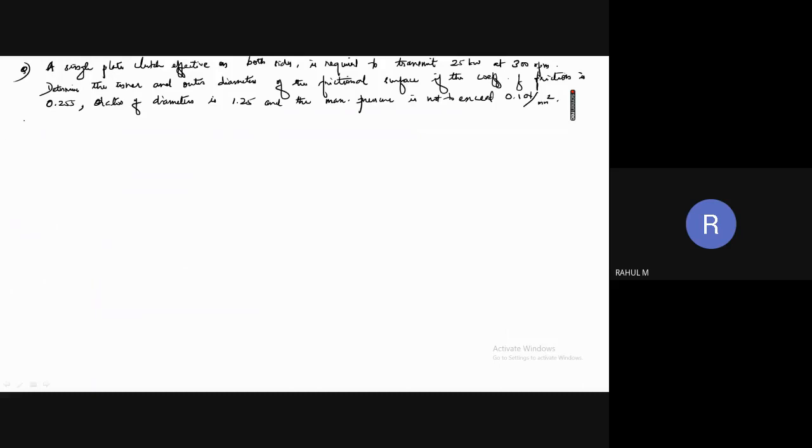Also determine the axial thrust to be provided by springs. Assume theory of uniform wear.